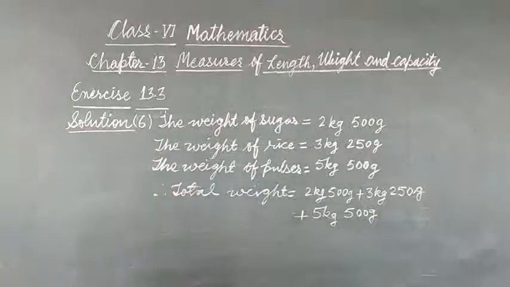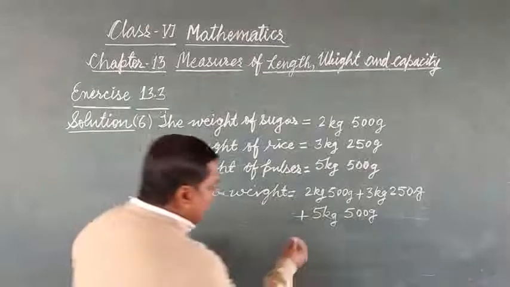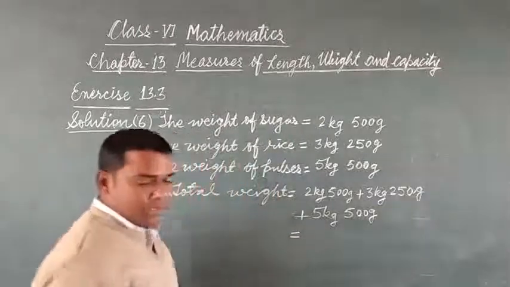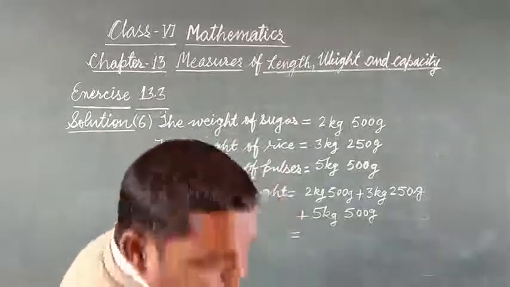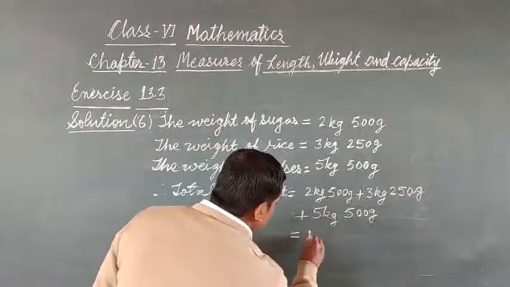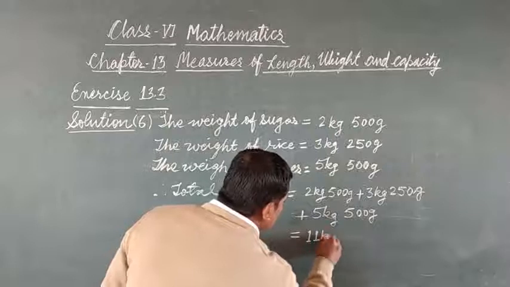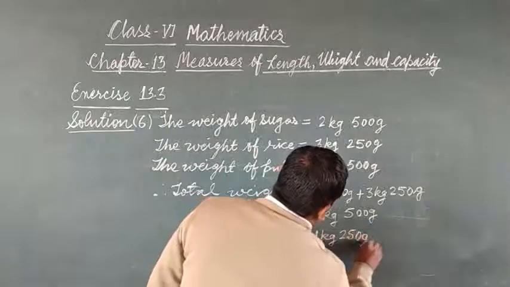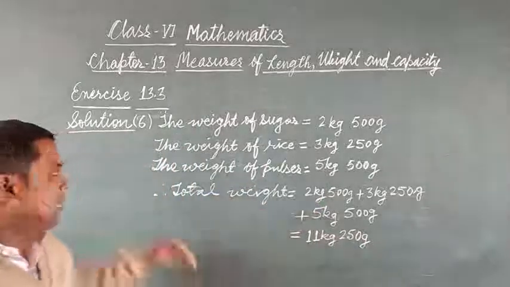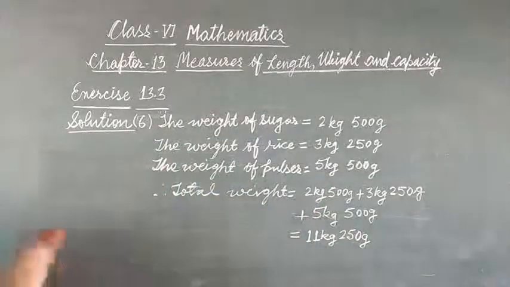You will add, then you will get the result 11 kg 250 gram. You will add all these 3 by writing kilogram and gram here.